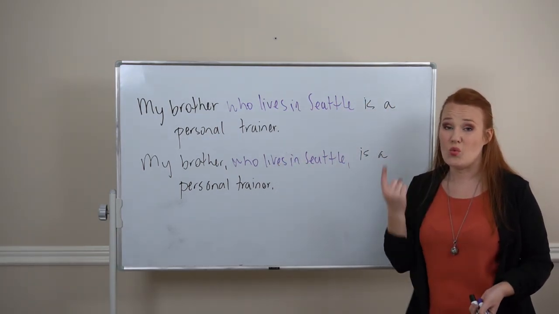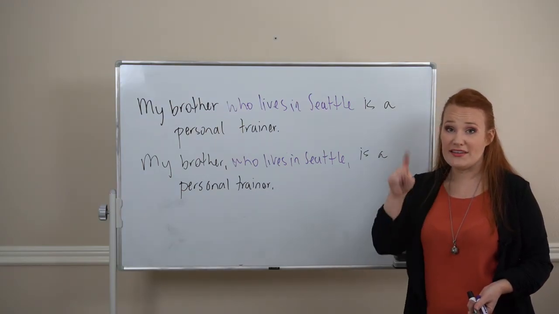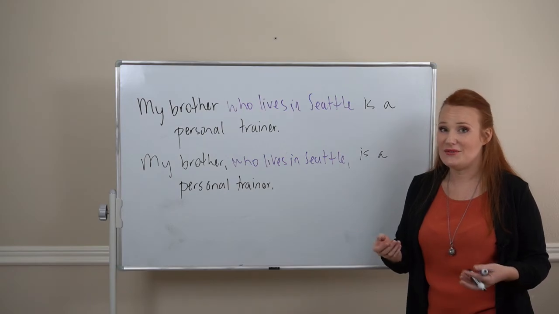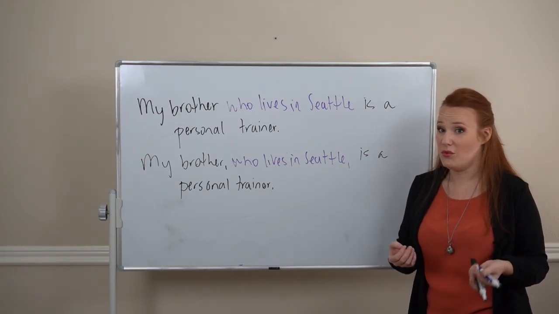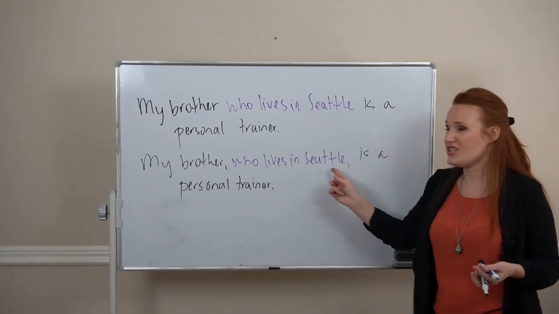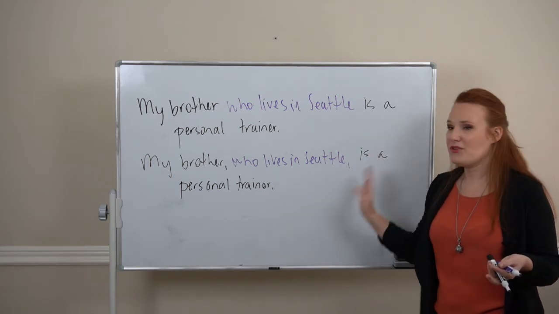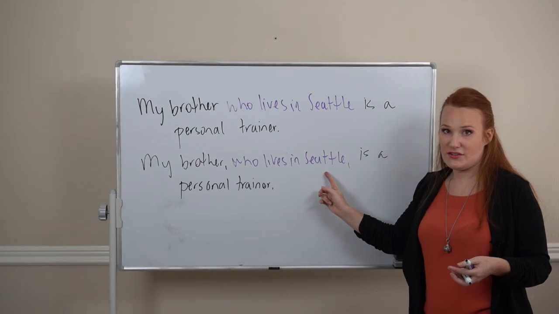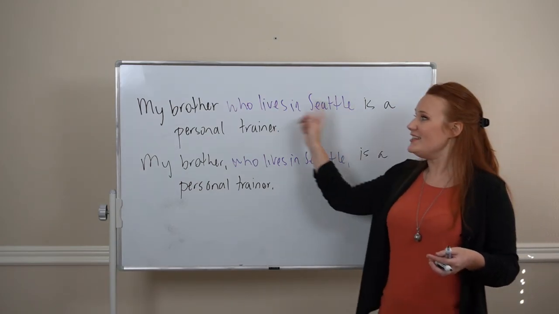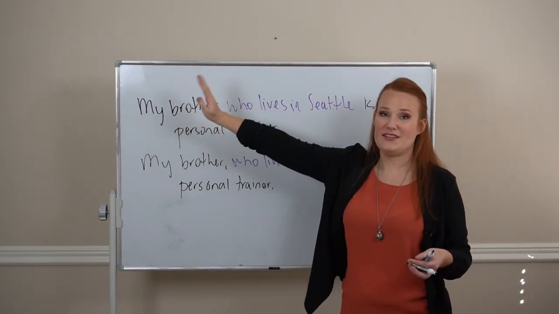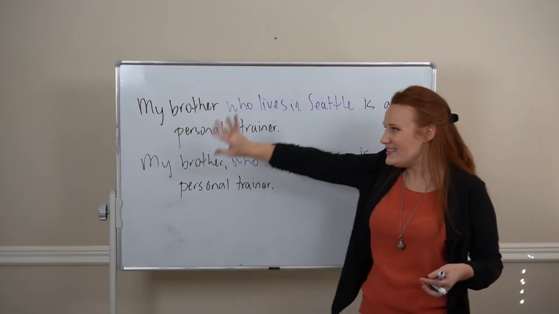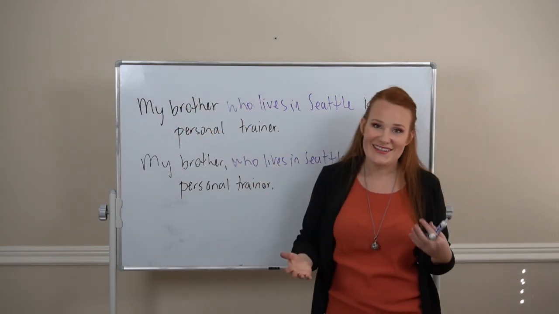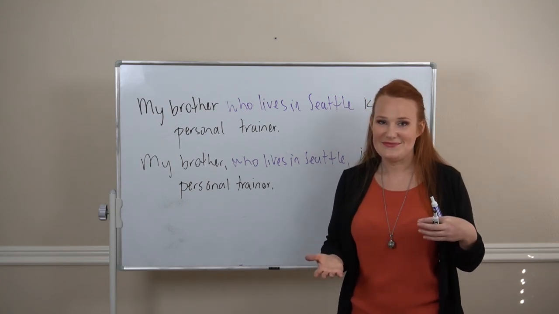I must only have one brother. So my listener knows exactly the person I'm discussing. I don't need to specify which one. So this is just extra information. My brother is a personal trainer is the important idea. This is the extra. But in this one, we need that clause to tell us which brother. So sometimes either one might be correct, but usually it's easy to tell which one.